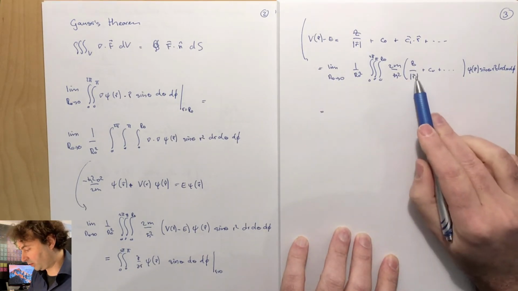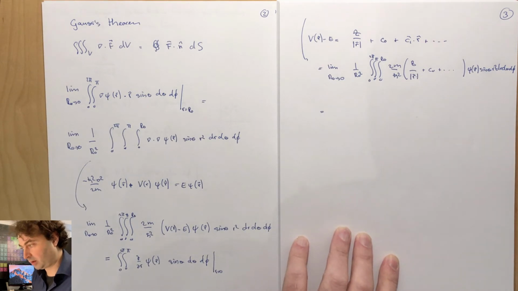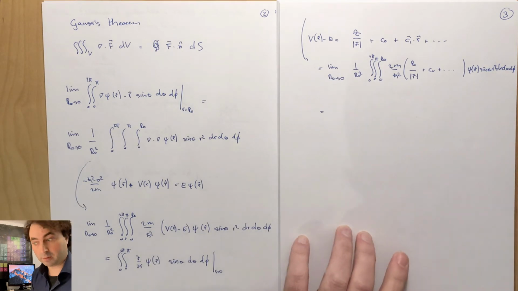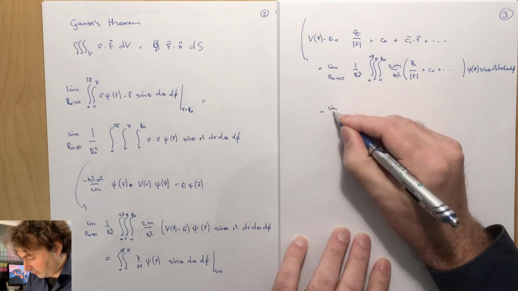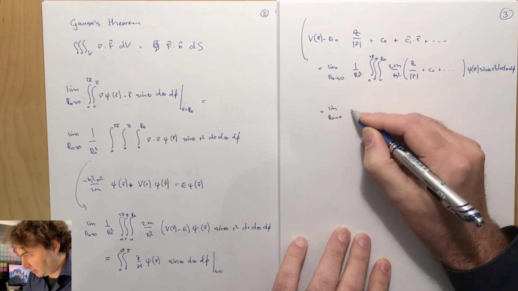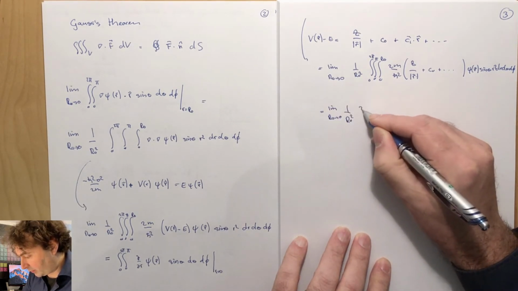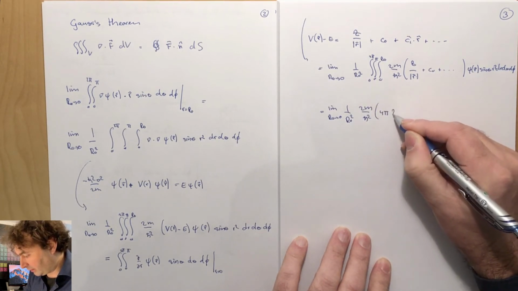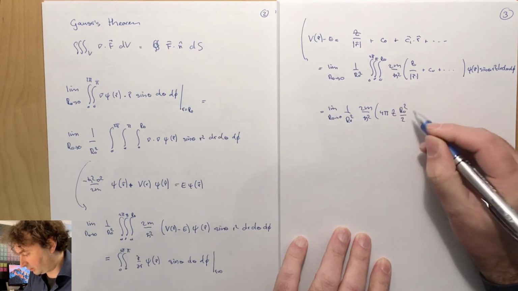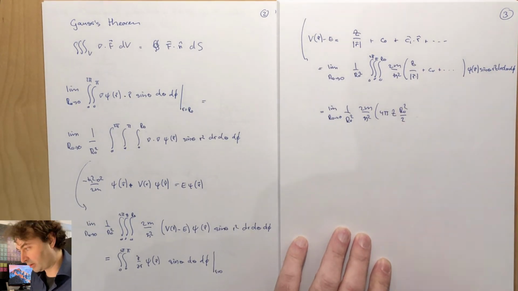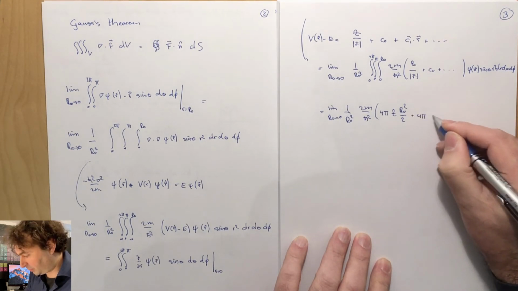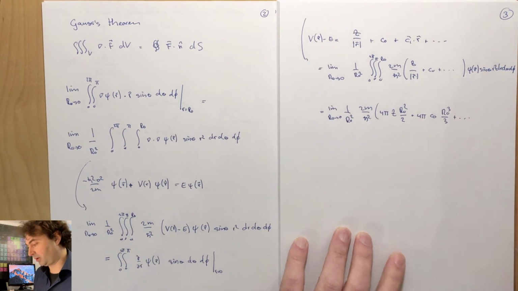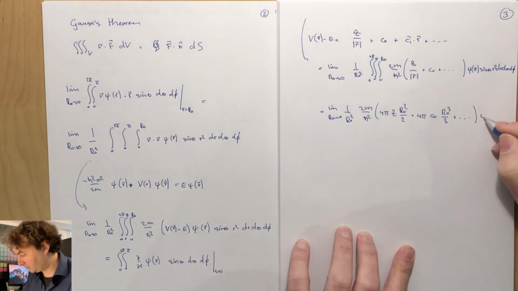Well, we have here a 1 over r times r square, which is r, so its integral is an r square. Here we have a c0 times r square, and its integral will be an r cubed. So we have limit r0 to 0, 1 over r0 squared, 2m over h bar squared, 4 pi z r0 squared over 2 for the z over r times r squared, plus 4 pi c0 r0 cubed divided by 3, plus something r0 to the fourth, etc., etc.